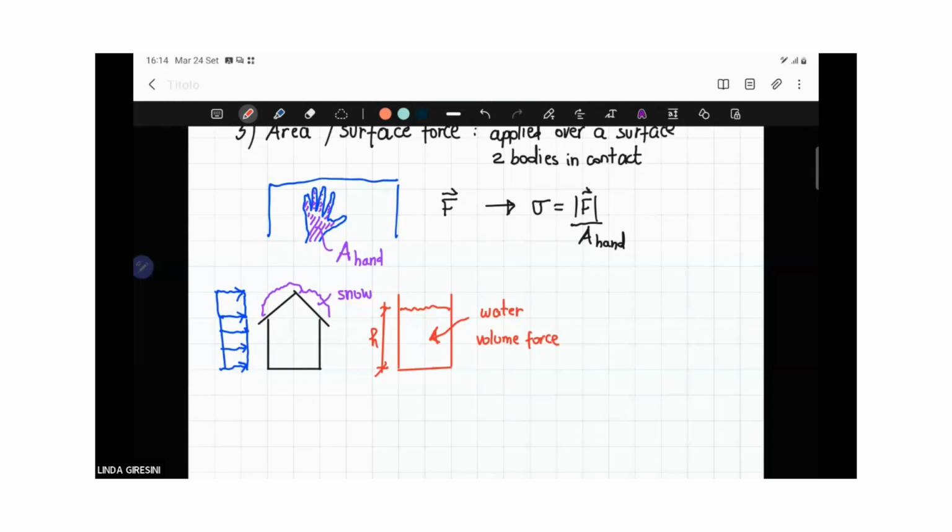So for snow, there are standards which tell us, for example, in the Alps, you take 2 kilonewtons per square meter. So in this case, snow is an area load, but since snow is a volume of something, it can also be intended as a volume force. Okay, so this is the main difference.